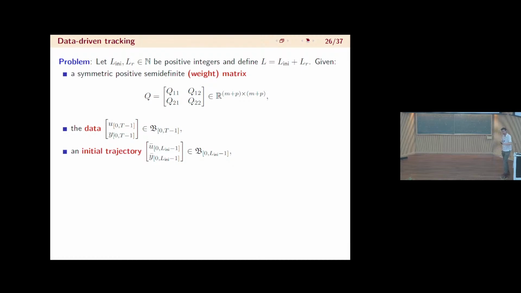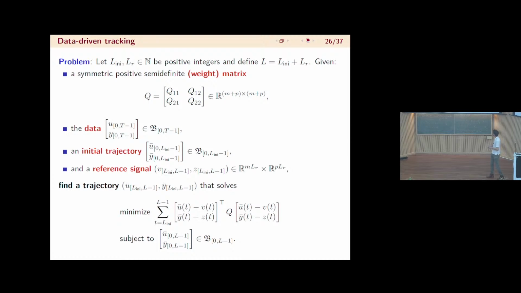I will come back to why that initial trajectory is important in a second. Finally, I also have a reference signal on the time interval L_ini to L minus 1. And the goal is to use the data to come up with a control algorithm that tracks this reference trajectory. So we'd like the inputs and the outputs of our system to track this trajectory.